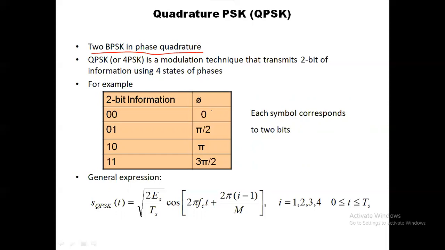So the instantaneous phase which we calculate from this formula is 0, pi by 2, pi, and 3 pi by 2, right? So the modulated signal of this QPSK is written here.